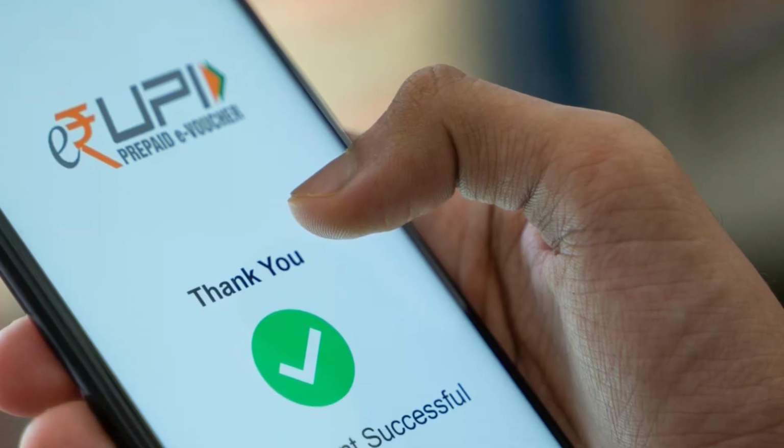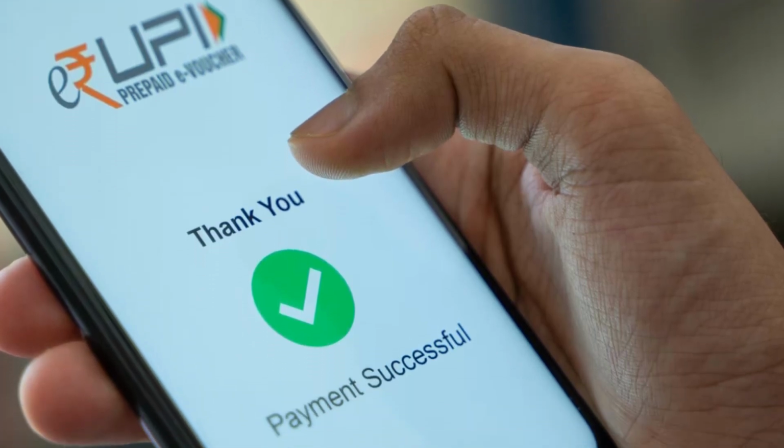The success of Unified Payments Interface, UPI, in India is a testament to how government and private sector collaboration can drive digital financial inclusion, contrasting with regions where digital infrastructure remains less developed. Now we are even looking towards ULI, the Unified Lending Infrastructure.